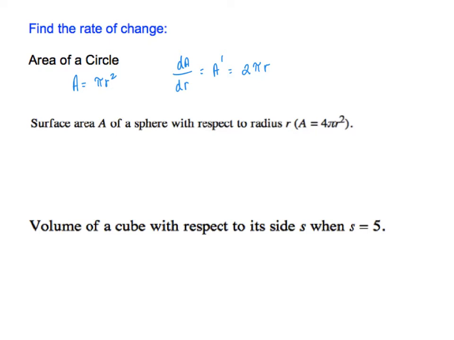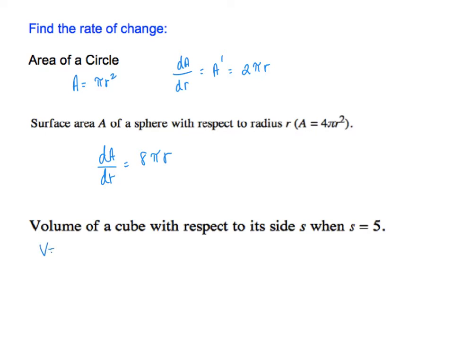All right, surface area of a sphere with respect to radius. The area of a sphere is 4 pi r squared. So dA over dr is equal to 8 pi r. Volume of a cube with respect to its side, s, when s is equal to 5.